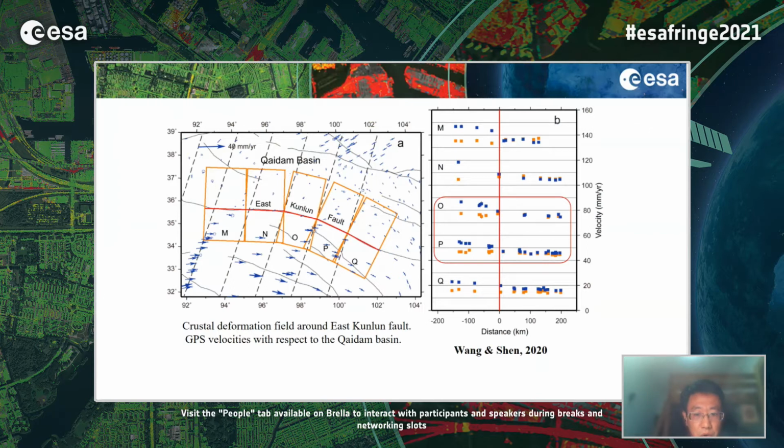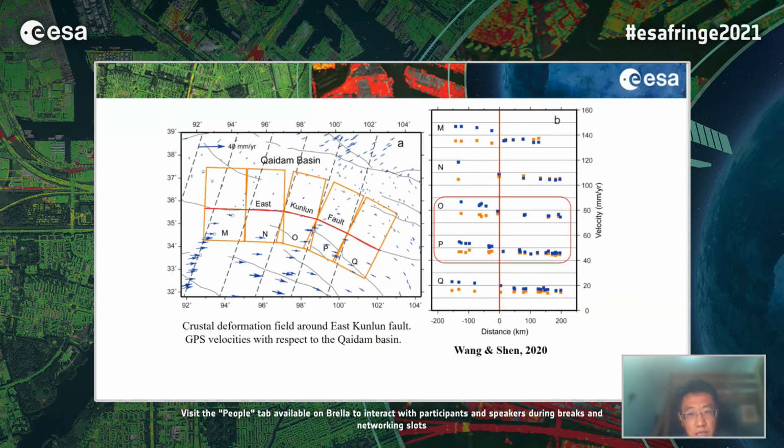For big fault monitoring, we use a GPS network, but there are always very few GPS points across these kinds of faults. You can see that this is the East Kunlun fault from west to east. The GPS velocities have some gradient.